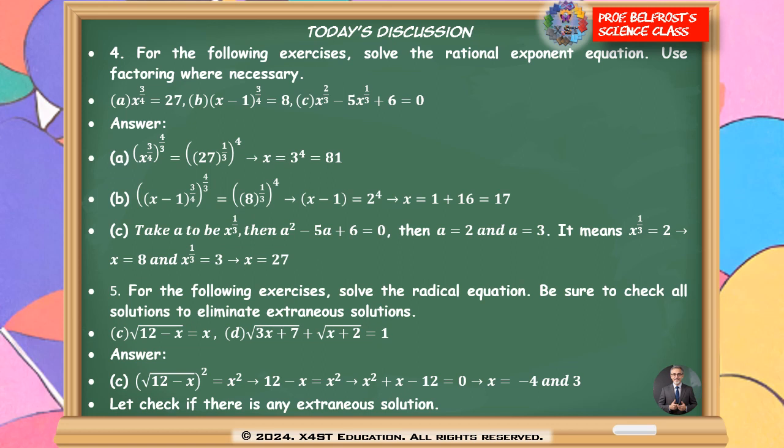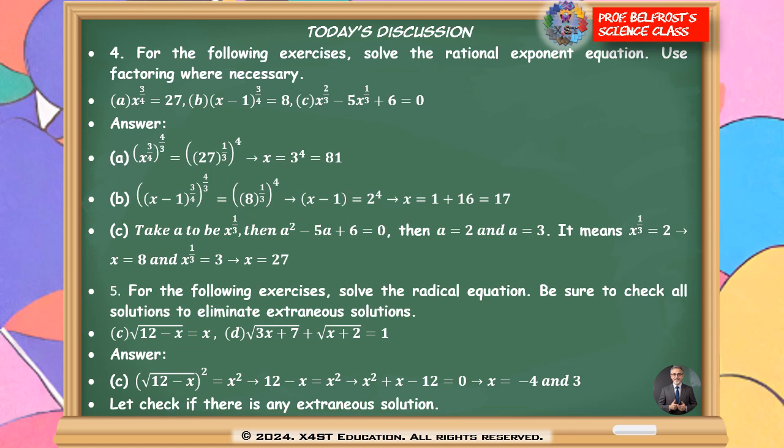Say for A first, 3/4. The reciprocal is 4/3. So you just need to raise both sides to the power of 4/3. By raising to the power of 4/3, we have eliminated the exponent on the left hand side. It only leaves x, and for the right hand side we can proceed step by step as shown. A and B are the same thing.